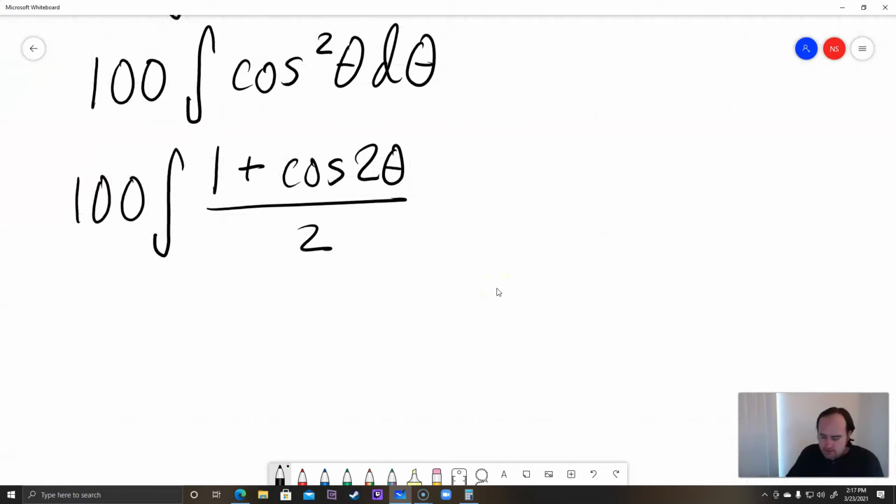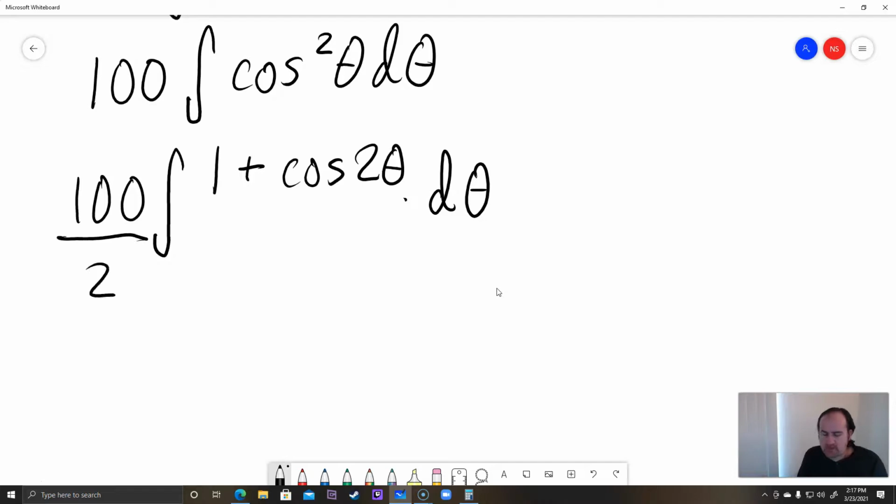Alright, but now we can just split up the integral into two parts. So let's bring the 1/2 out front, so we have 100 over 2 out front.